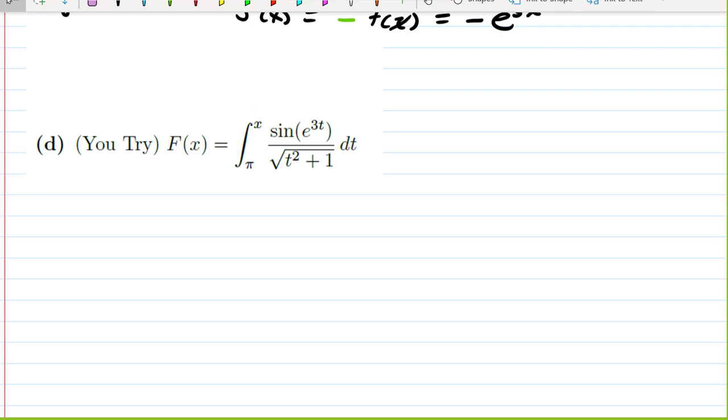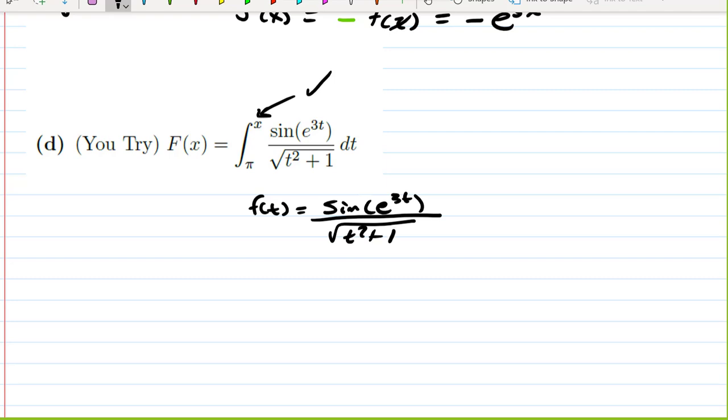All right, so in this case, we look at it. Our upper limit of integration is already the x, so check. And then our f of t is going to be the sine of e to the 3t all over the square root of t squared plus 1.